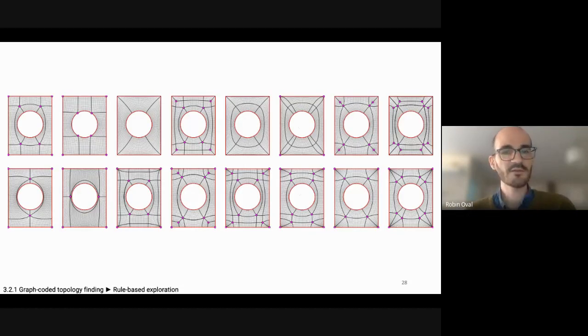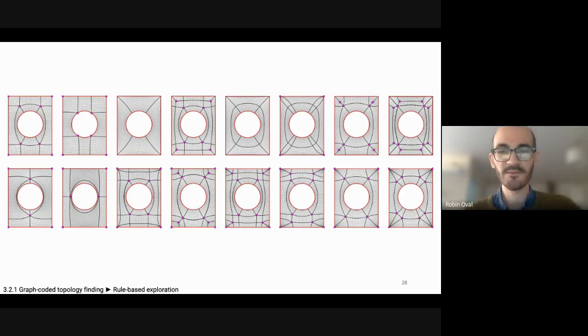So this is the result of one of my open explorations to obtain different topological designs. You can see that the 4 designs that I presented before are included in this set.